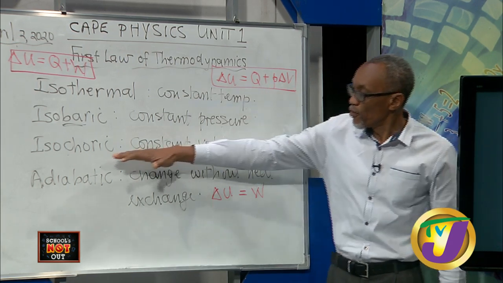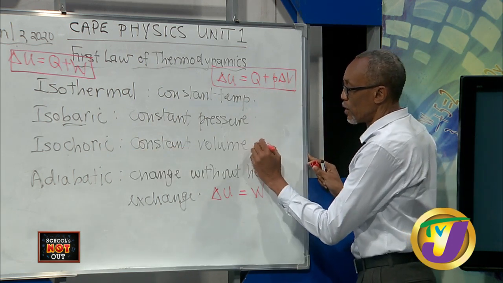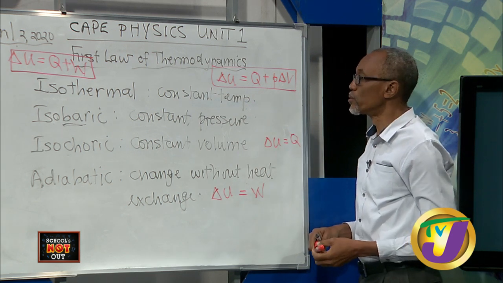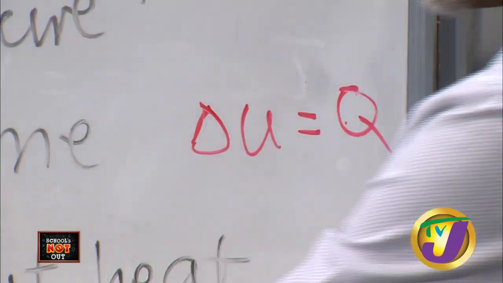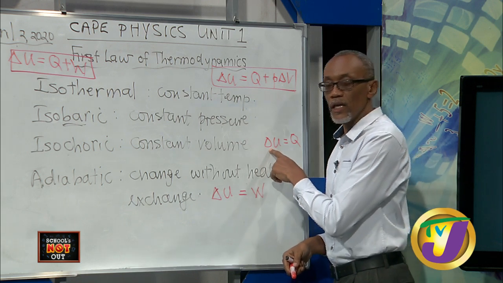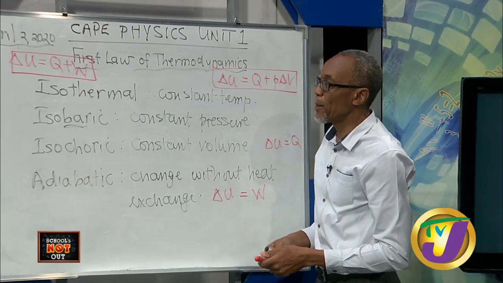And so, for the constant volume change, this is 0. So, delta U would just be equal to Q. Whatever heat is transferred to the system in an isochoric change is converted to the change in internal energy of the system.